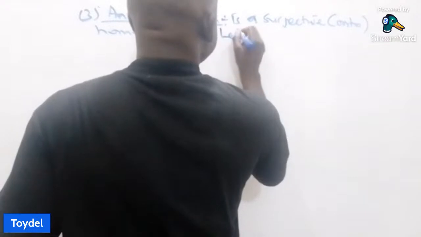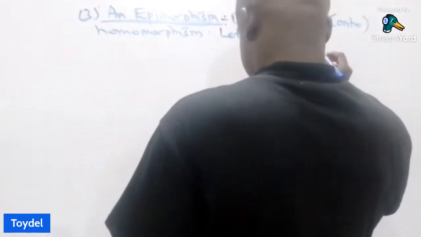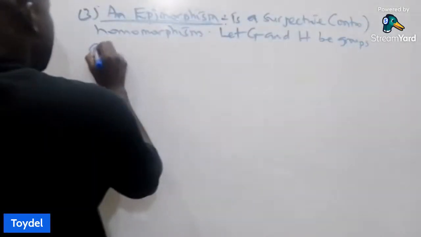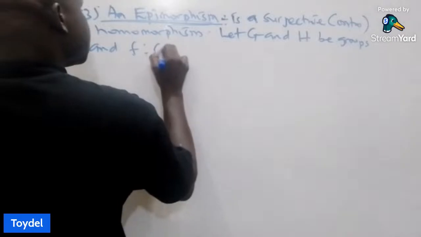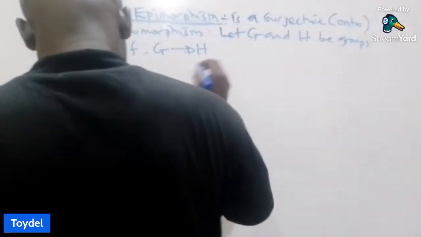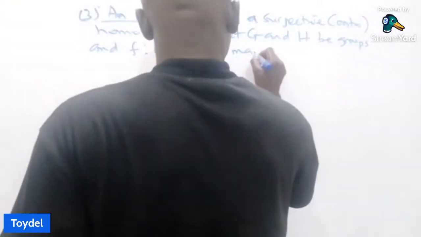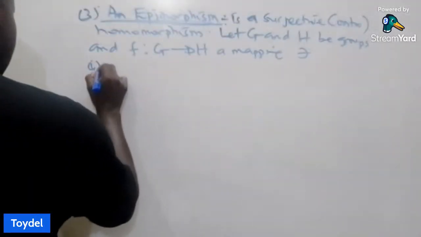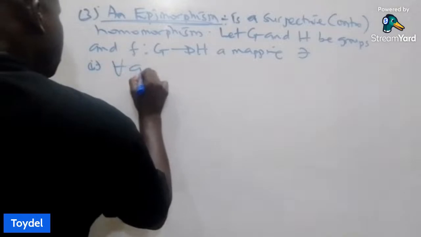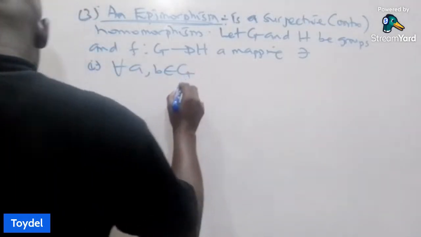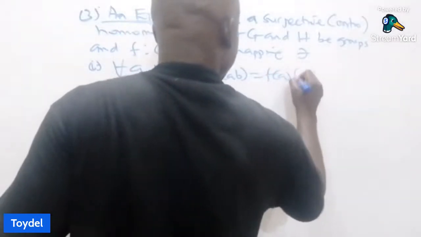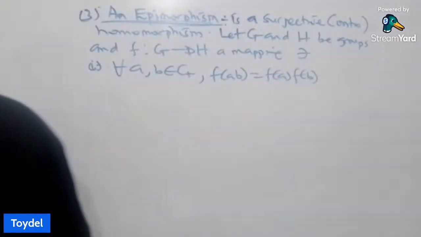So let's explain further. Let G and H be groups, and f a mapping from G to H such that the first condition is that for all a, b that belong to G, we have f(ab) = f(a)f(b).